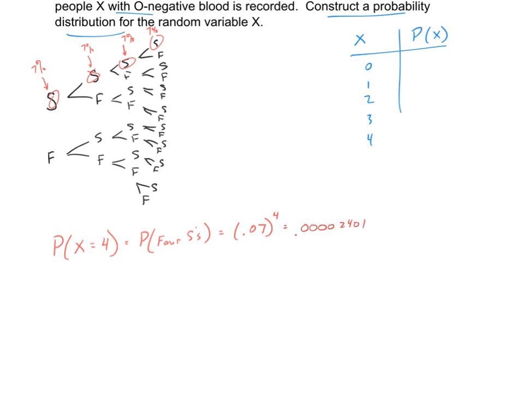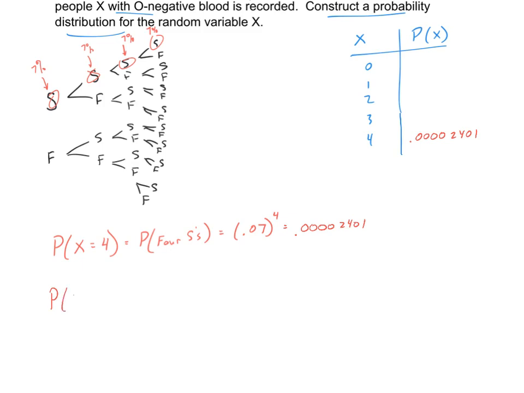Okay, and I'm going to add that number right onto my distribution: 0.0002401. So a teeny tiny number. It's less than 1%. It's less than 1/10%. So a really, really unlikely chance that a random sample of 4 people all have O negative blood. I think it's the rarest blood type. I could be wrong though. Okay, that's one of the 5 numbers that we need for this problem. So let's keep going.